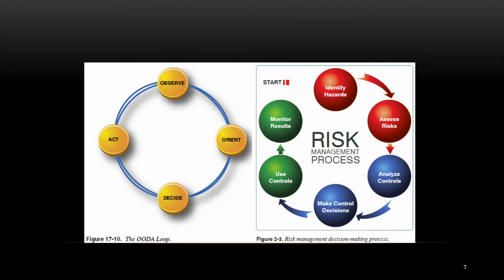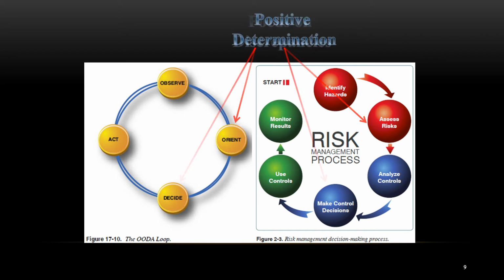Other models share a similar process, and they have certain things in common. You'll find both the OODA loop and the risk management decision-making process in your FAA handbooks. And they have these things in common. Situational awareness, once again, the pilot, the aircraft, the environment, and the external pressures. A focus on discrepancies, so we are detecting a change.